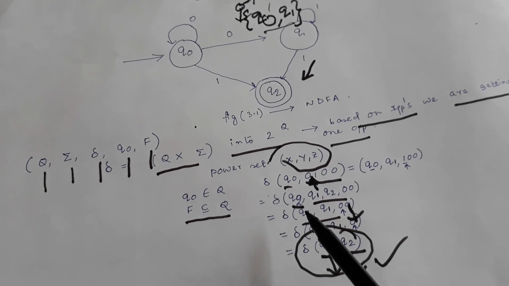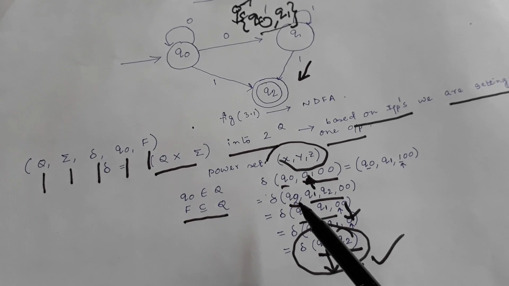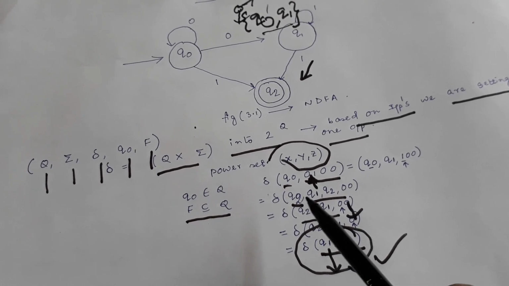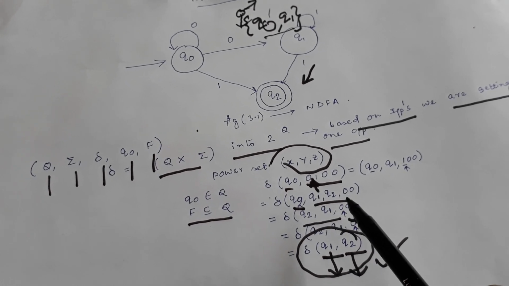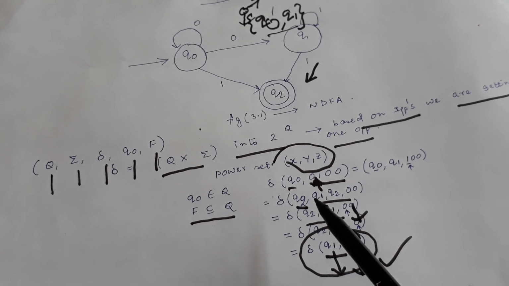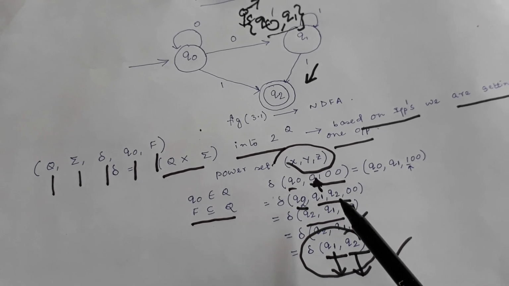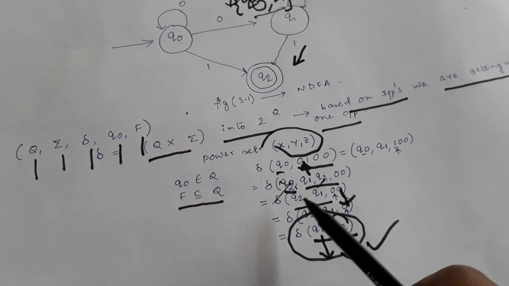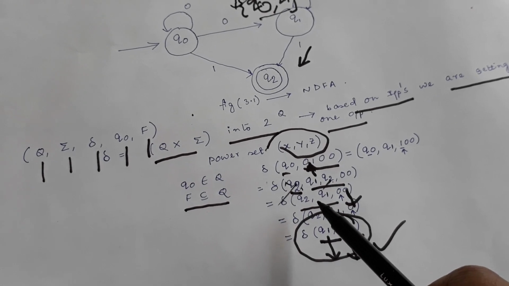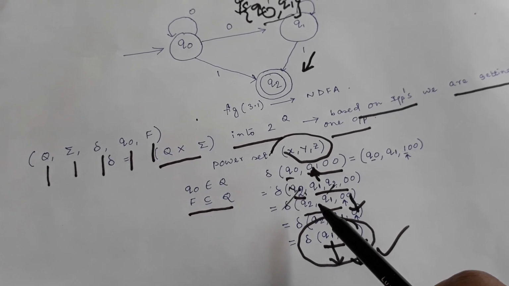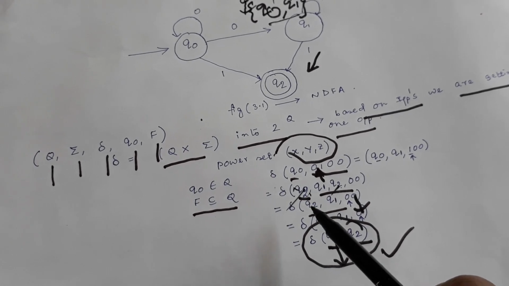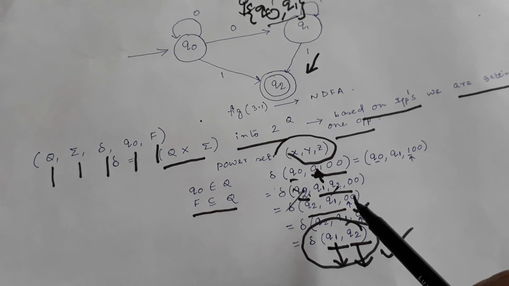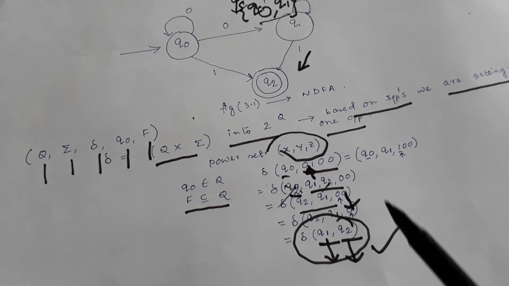So in this case, q2 appears more than once. This is q2 and this is again q2. That's why we are discarding one particular q2, and finally we write only one q2, that is q2, q1, and the rest of the string is 0 and 0.